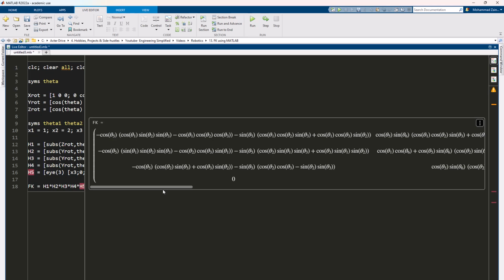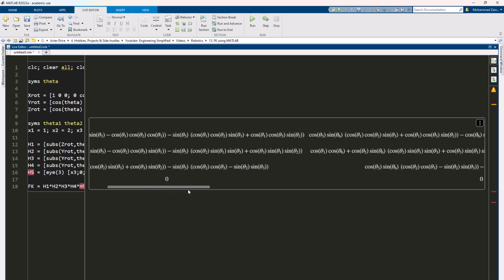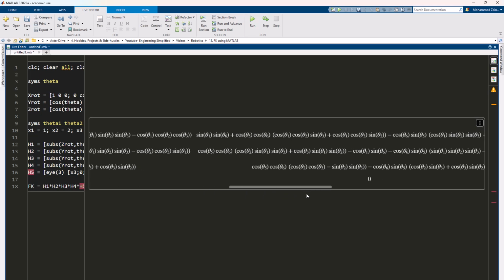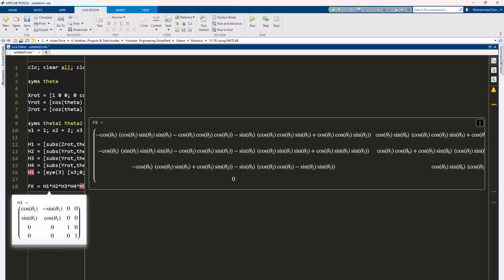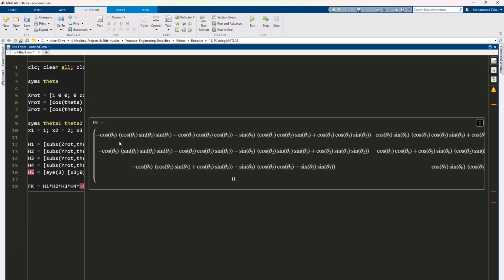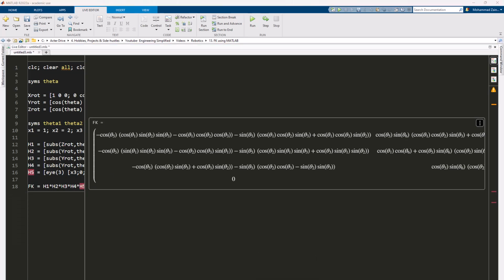It is a 4 cross 4 matrix, and since it is a homogeneous transform, I can expect that my bottom row would be 0, 0, 0 and a 1, right? And then there is going to be a 3 cross 3 rotation matrix on the top left, and on the right side there is going to be a 3 cross 1 matrix which shows me the position of the end effector. Let me just quickly tell you what I mean by that.